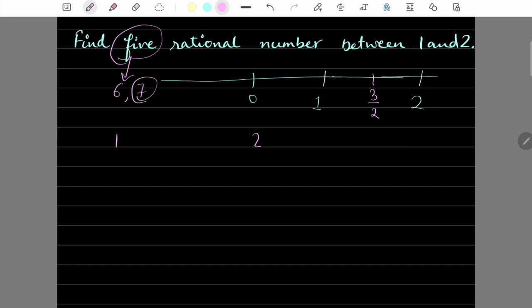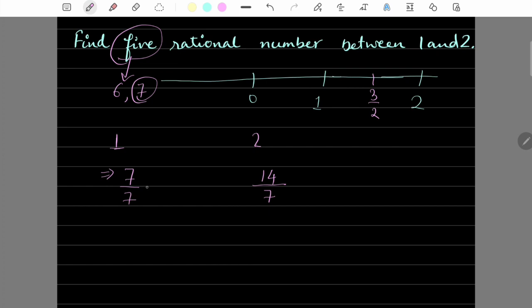When I take 7, I know that 1 can be written as 7 over 7 because 7 over 7 is also 1, right? Now, to have 7 as a denominator here, this 2 is going to become 14 over 7, because it's 2 times 7 over 7.